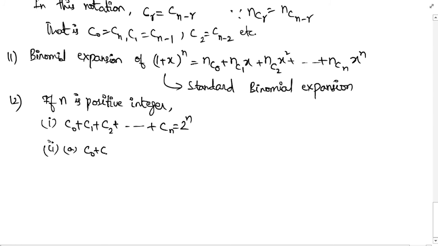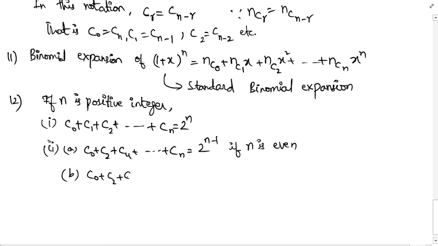So C0 plus C2 plus C4 so on up to Cn is equal to 2 power n minus 1 if n is even, and C0 plus C2 plus C4 plus so on up to C(n-1) is equal to 2 power n minus 1 if n is odd. Okay.